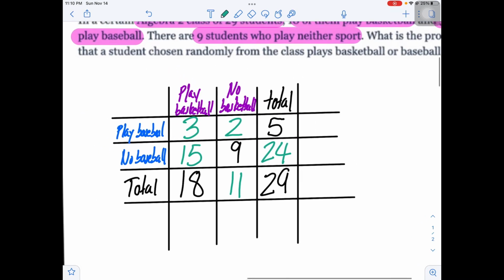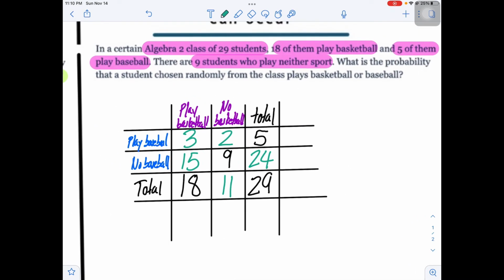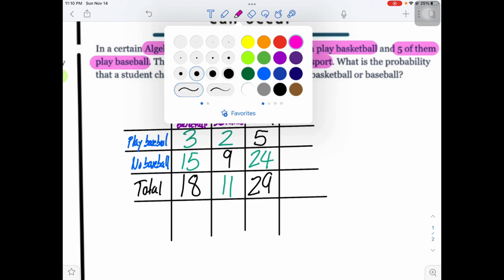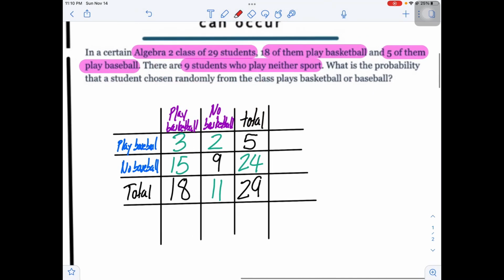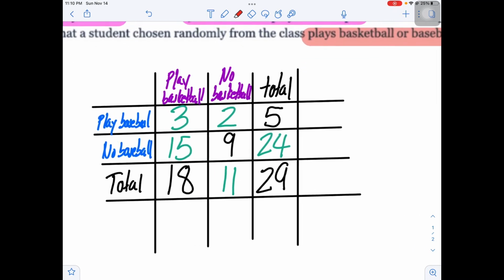Okay. So what is our question, kiddos? So let's go to our question here. What is the probability that a student chosen randomly from the class plays basketball or baseball? Plays basketball or plays baseball.